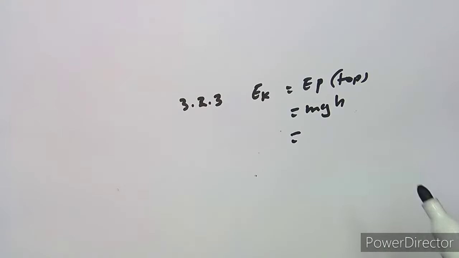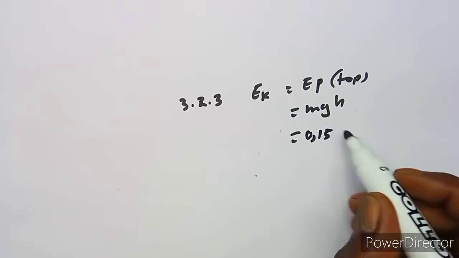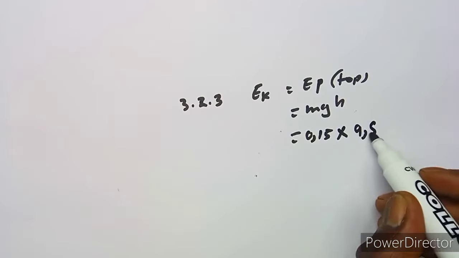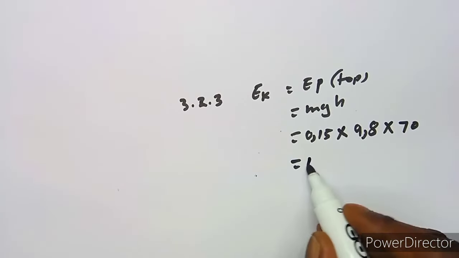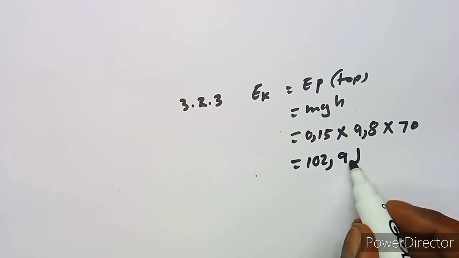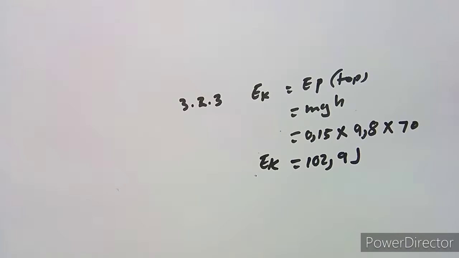So this one is direct. Remember, our mass is 0,15 times the gravitational acceleration times the height of 70 meters above ground. You multiply by 70, which is going to give us 102.9 joules. I think that's it. So that's your kinetic energy before it hits the ground.